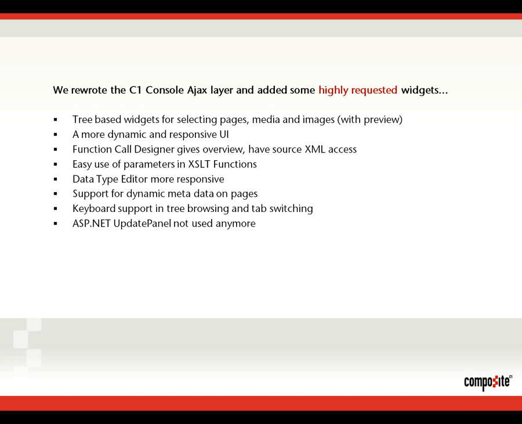Also, we have support for dynamic metadata on pages, where page type changes can make metadata fields show up and disappear. We've got keyboard support for tree browsing, tab switching, and hopefully this will give you a great user experience.